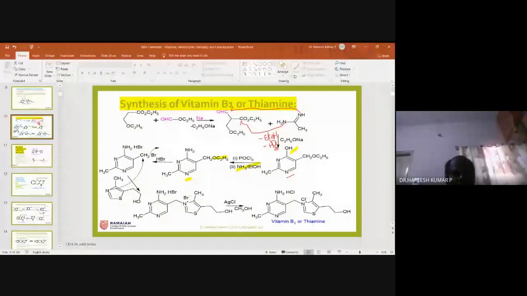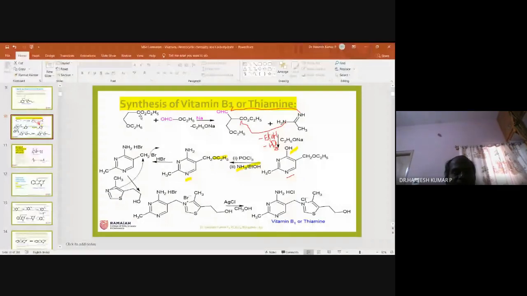Look here. You can write down the name also. This is an ester, a carboxylic ester. CO2 means COOC2H5. C2H5 means ethyl group. So this carbon is 1, this is 2, this is 3. That means a 3-ethoxy propane.